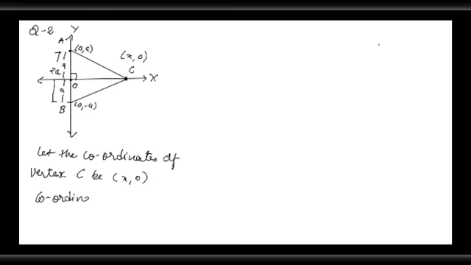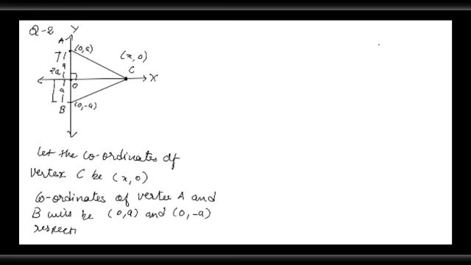Coordinates of vertices A and B that we already found out using the given conditions will be 0 comma a and 0 comma minus a respectively.